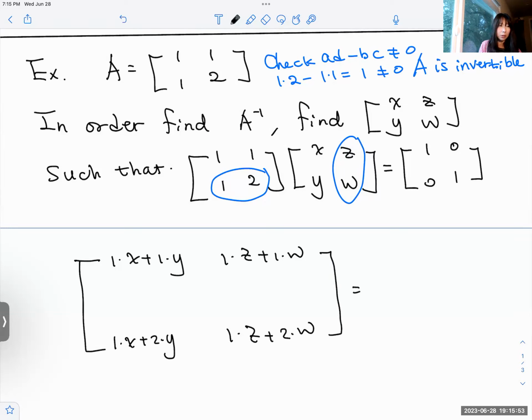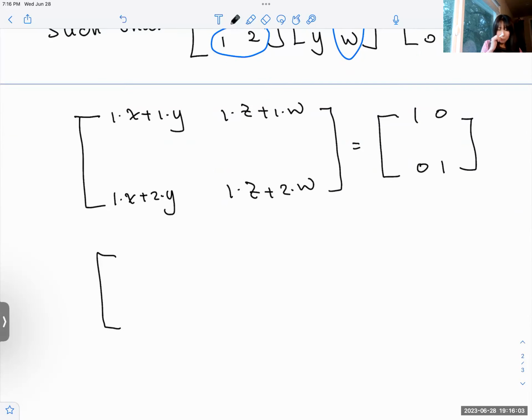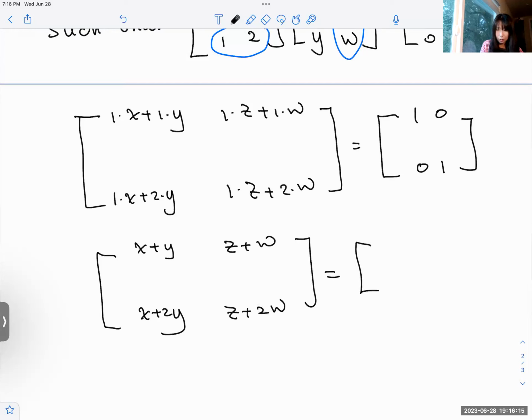Okay, so we get the same-size identity matrix. This will be [x plus y, x plus 2y; z plus w, z plus 2w] equal to [1, 0; 0, 1], right?